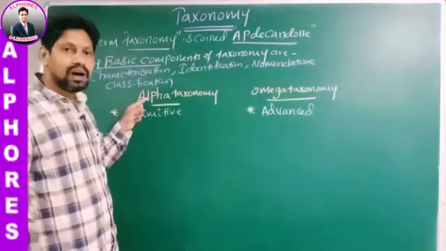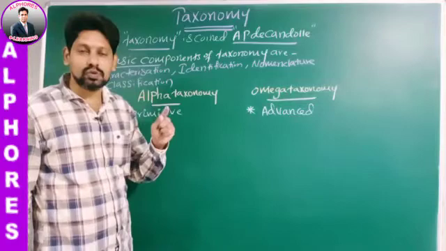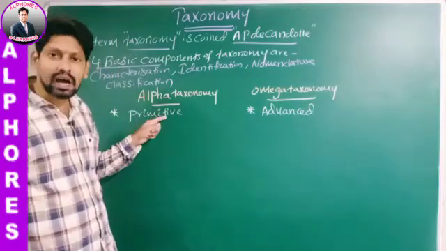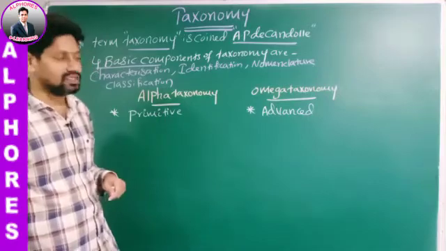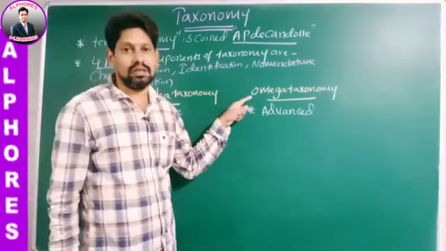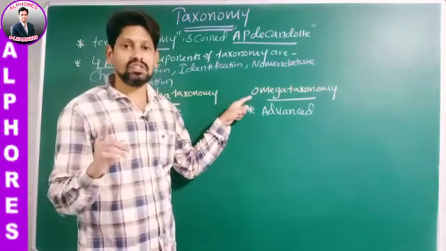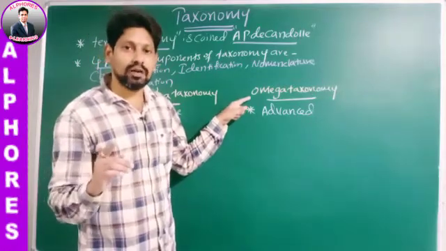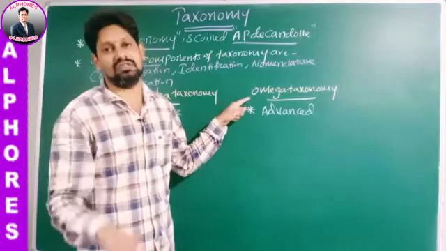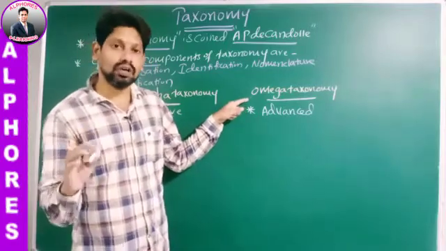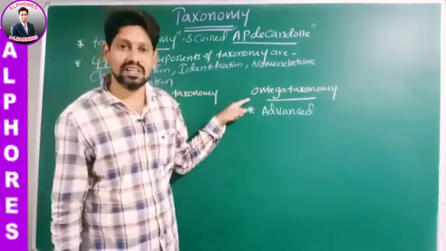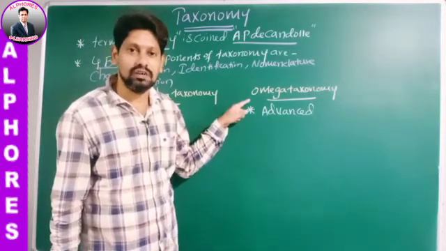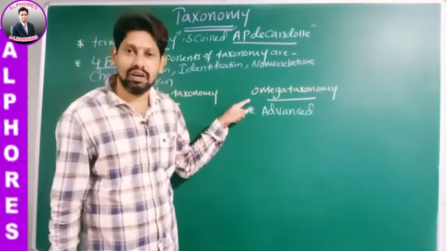This alpha taxonomy is based only on morphological characters, whereas omega taxonomy is not only based on morphological characters. Information is also taken from other branches such as cytology, embryology, palynology, phytochemistry, serology.